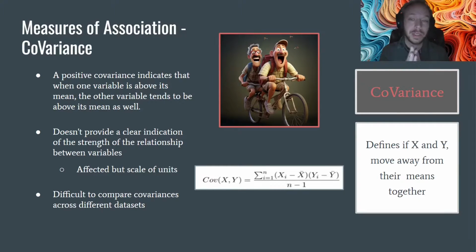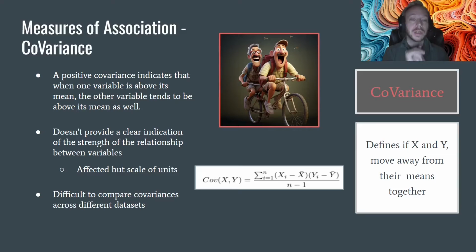Then the negatives would cancel each other out, and the positives would cancel each other out. This really gives us a sense of how things move together generally, how above or below the average they are together. Okay. So this is a really good sense of what we would want to do. The problem with this is that covariance is really affected by the scale of our units and really the unit of measurement.